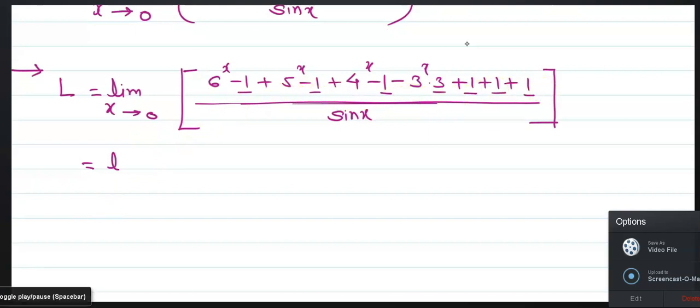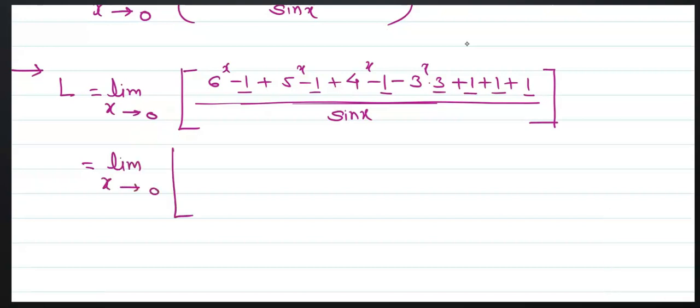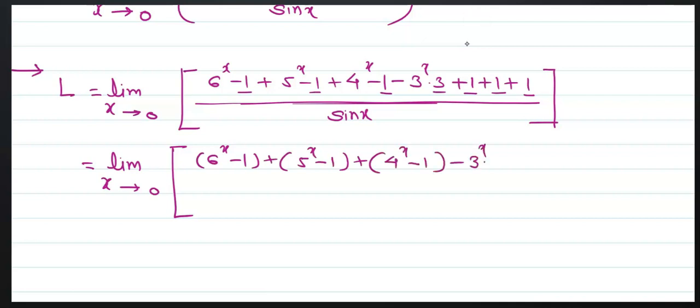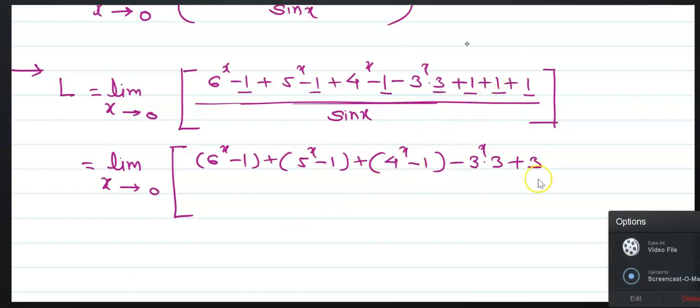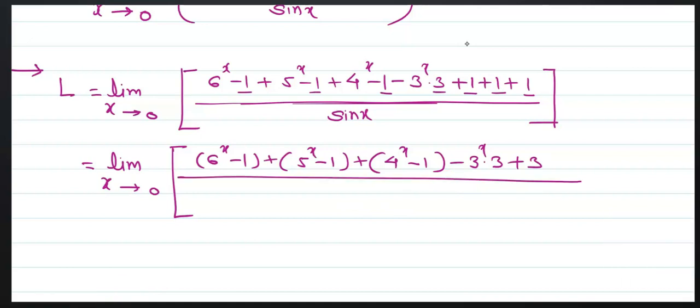Now in the next step, the limit x tends to 0, 6^x − 1 plus 5^x − 1 plus 4^x − 1. Now this is 1 plus 1 plus 1, that is 3. Take minus 3 as common. Then in the bracket you will get 3^x − 1.